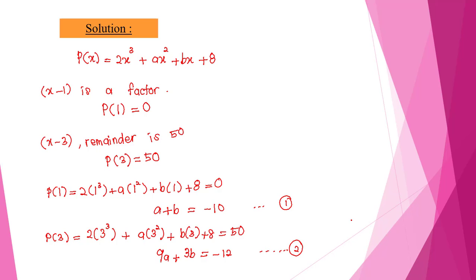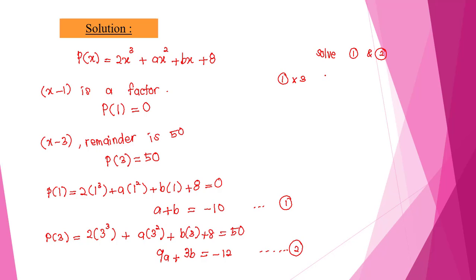So we need to solve equations 1 and 2. To make it easier for us, I will multiply the first equation by 3, so I can do the elimination method.